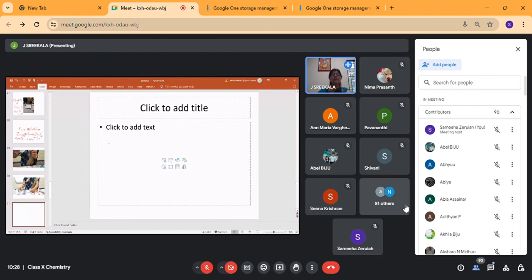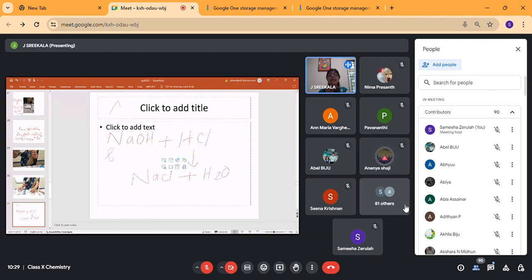See, sodium hydroxide is a base. It reacts with the HCl to produce, what is produced? Salt. What salt? NaCl and water. Very good.